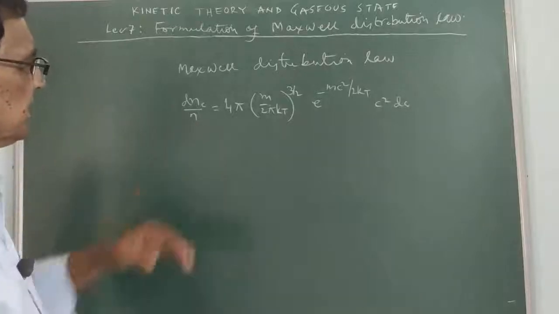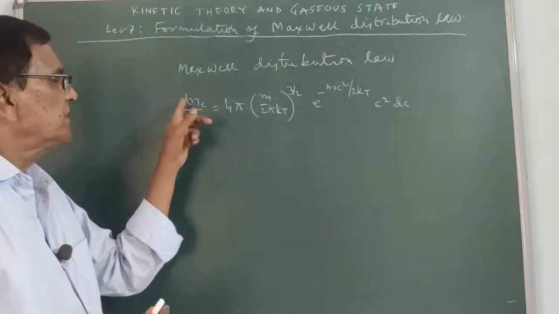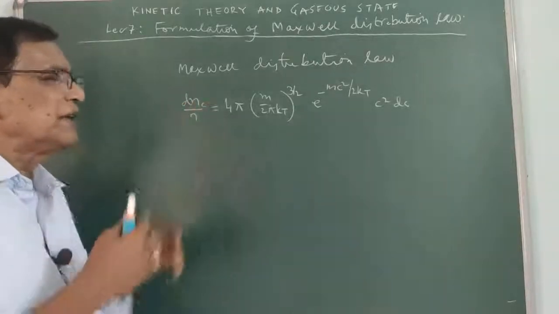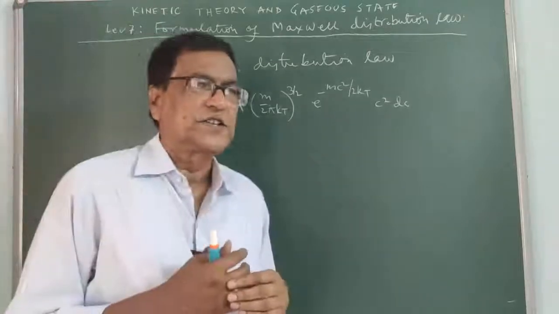And this left hand side dNc is the number of molecules in a gaseous system.